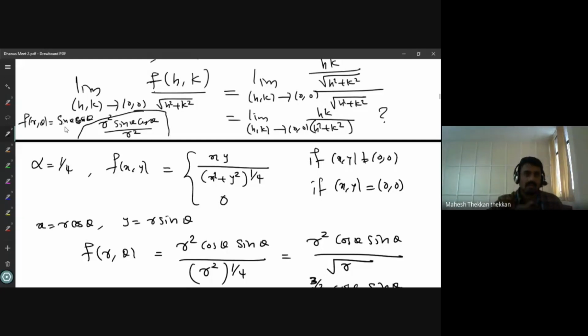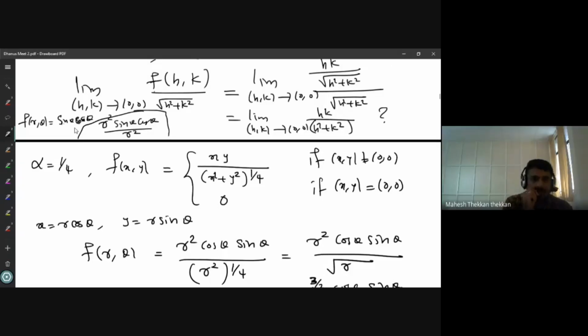Those are the two different values we got there. So you have to look at the corresponding theta; different theta gives a different value.